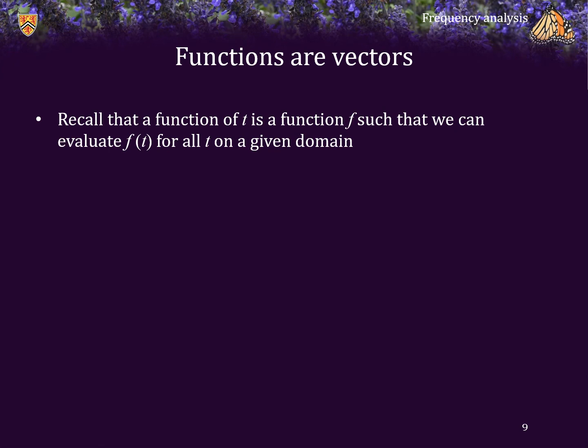Recall that a function of t is a function f such that we can evaluate f at each value t on a given domain. For example, here are 2 functions for a real variable t. They are polynomials. Guess what?